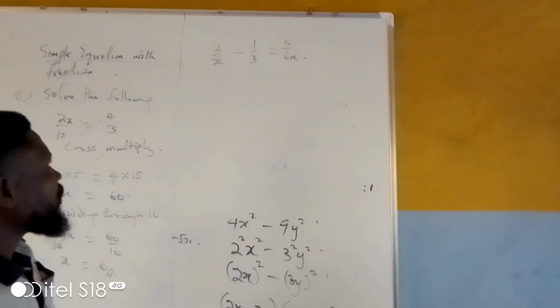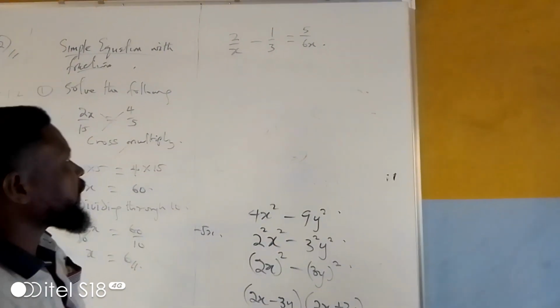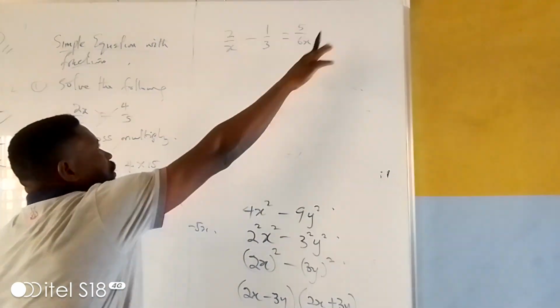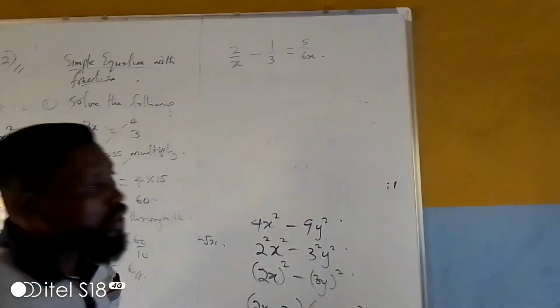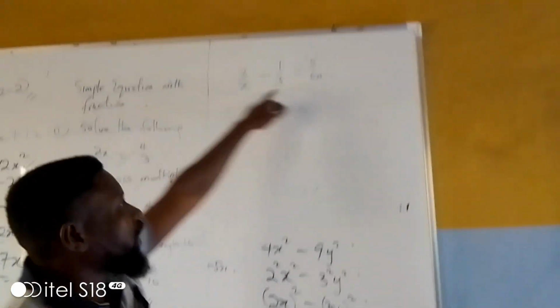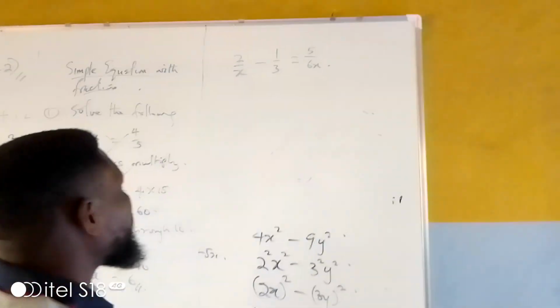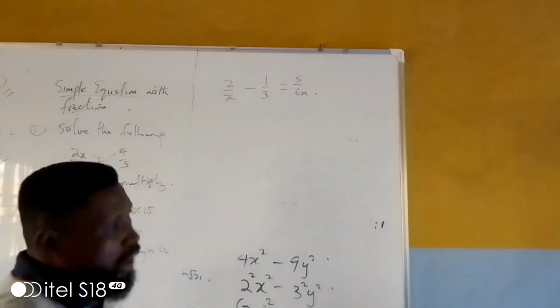You can solve this question in so many ways. You can decide to take the LCM of all the denominators. We have 3 fractions in all.